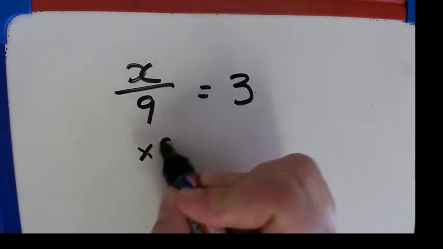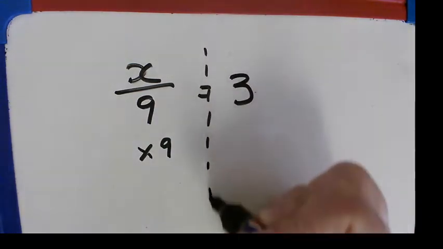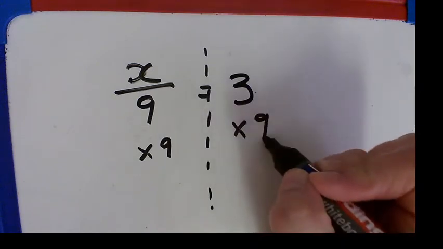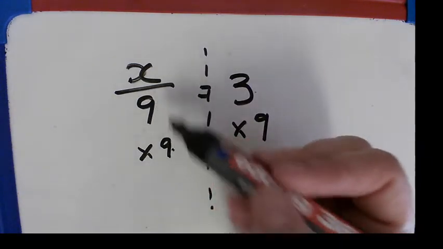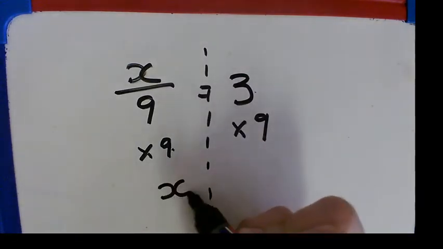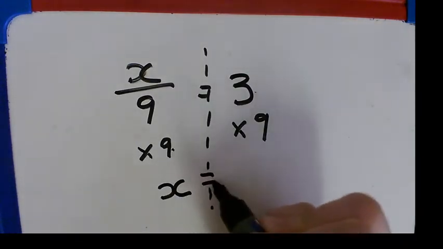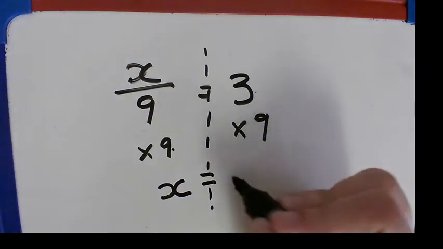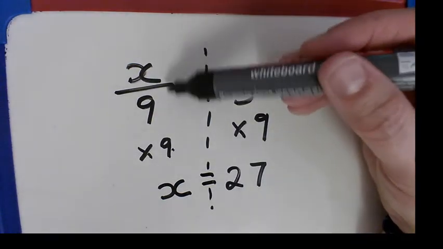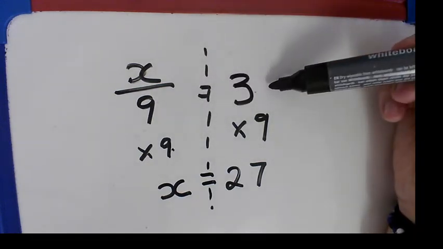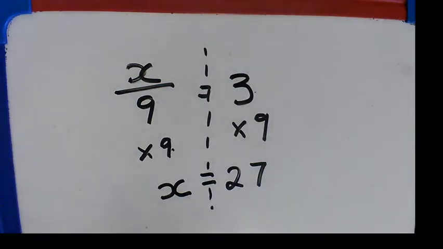We times. So build my wall, times both sides by 9. Now this disappears. If you divide by 9 and then times by 9, you get back to where you started, which is just the x. And 3 nines are 27. Let's check that one. 27 divided by 9 is 3. Yep, we must be right.